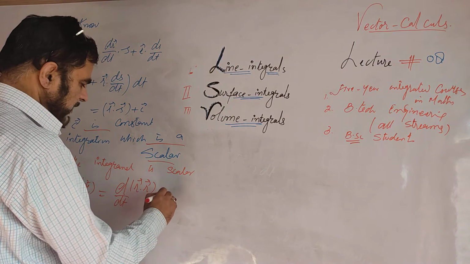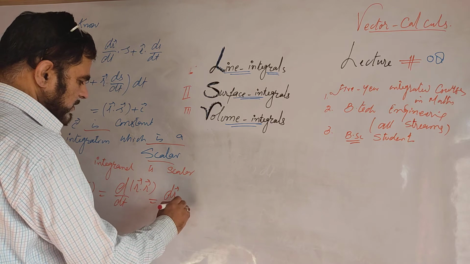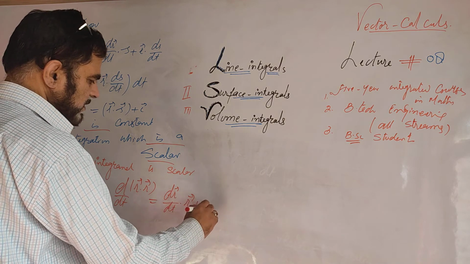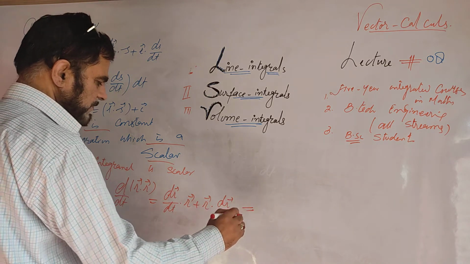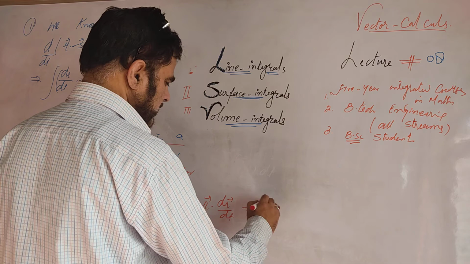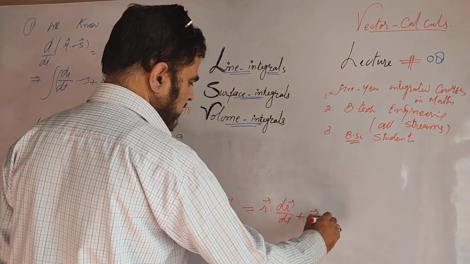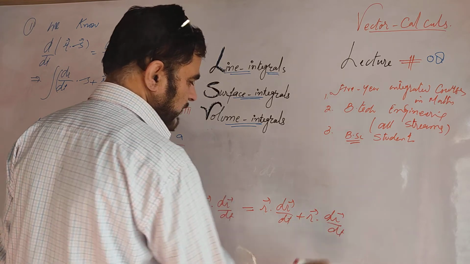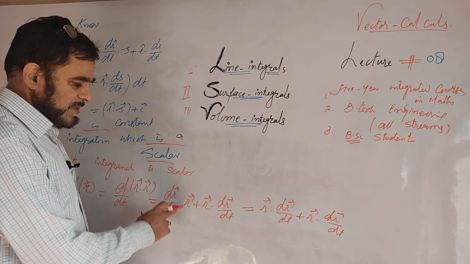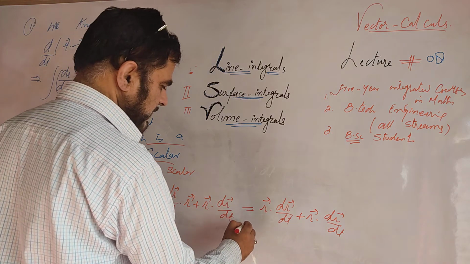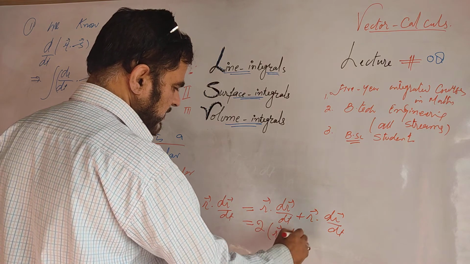So it is equal to dr by dt dot r plus r dot dr by dt. This you write as r dot dr by dt plus again r dot dr by dt. Why so? Because dot product is commutative. So this is twice, 2 times r dot dr by dt.